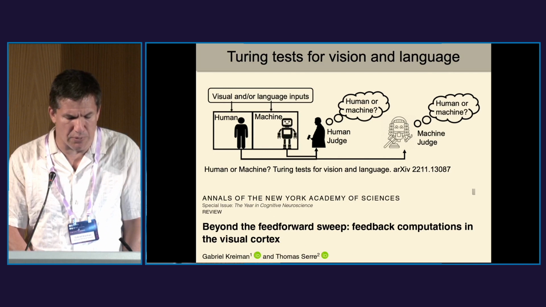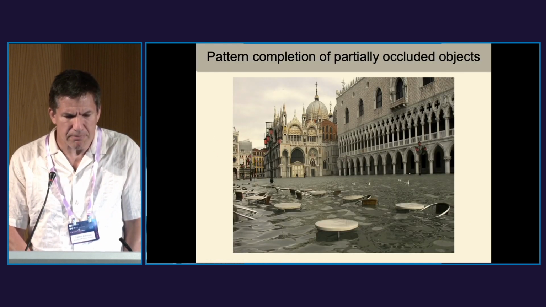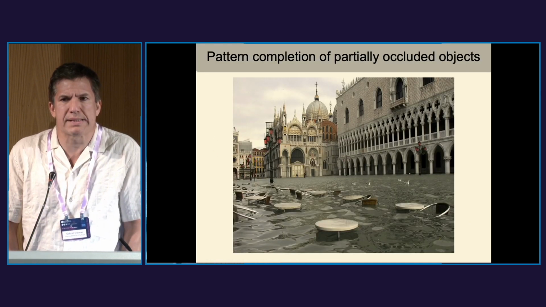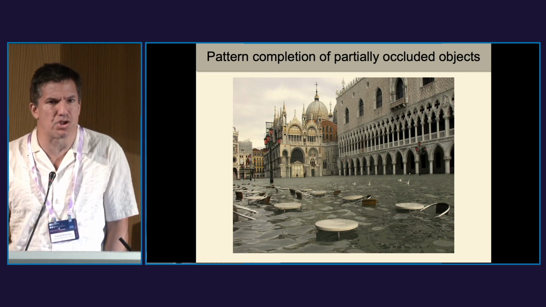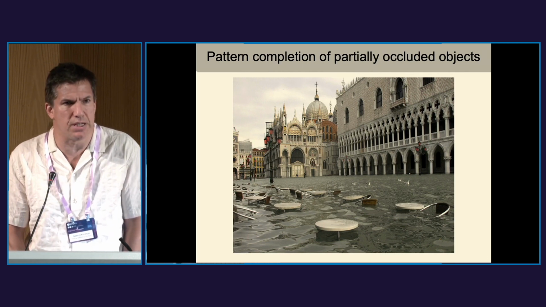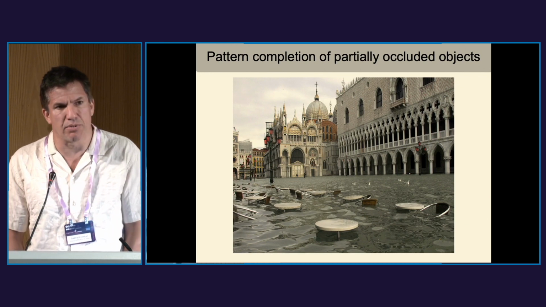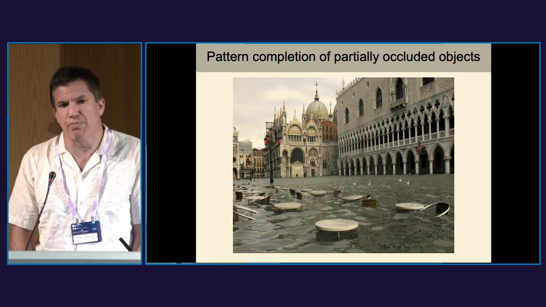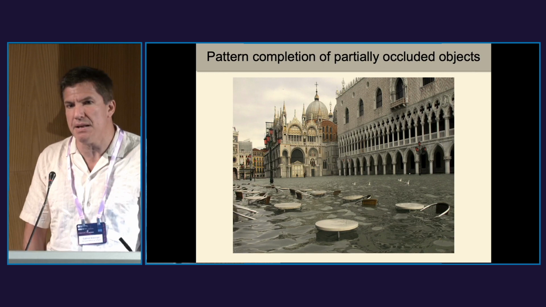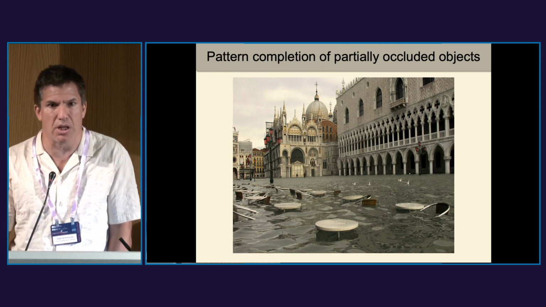For the purpose of today's talk, I'd like to focus on one example of a challenge for this family of computational models of the visual system, which involves the problem of pattern completion and making inferences from partial information.